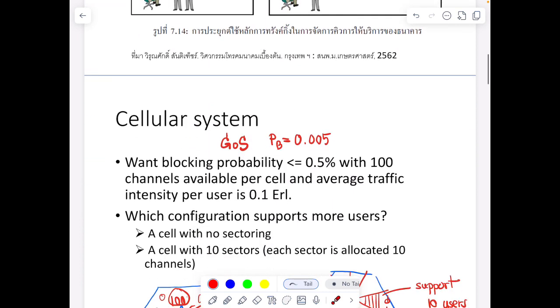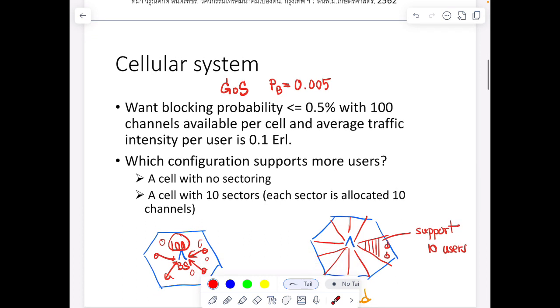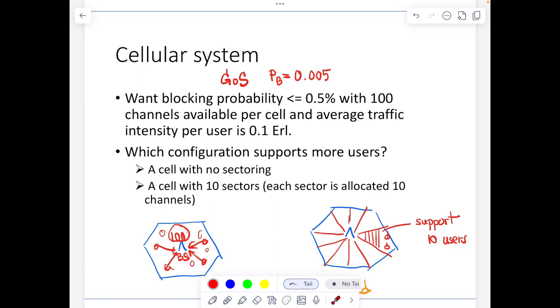Okay. Now, in terms of a cellular system, this is when we take a look at the cell that services the users within the cell. For example, if the system has a target GOS, remember GOS is grade of service, with blocking probability less than 0.5%, that is PB is less than 0.005.